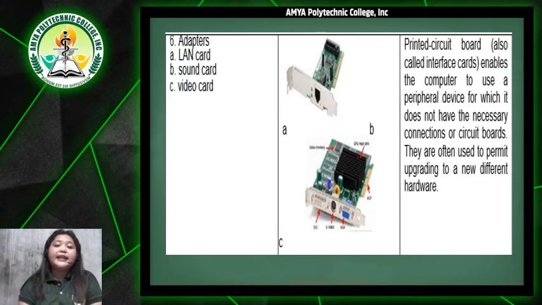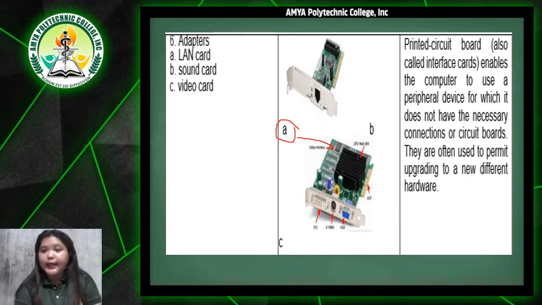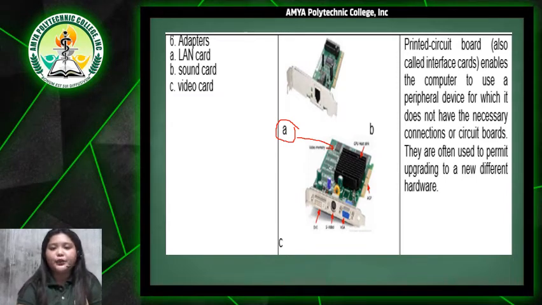Next are the adapters. So we have the LAN card, sound card, and video card. Here we have letter A, which points out this one. That's our LAN card. And then next we have letter B, our sound card, and our third, the video card.